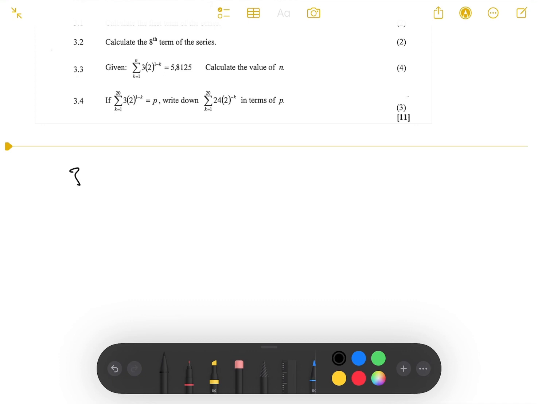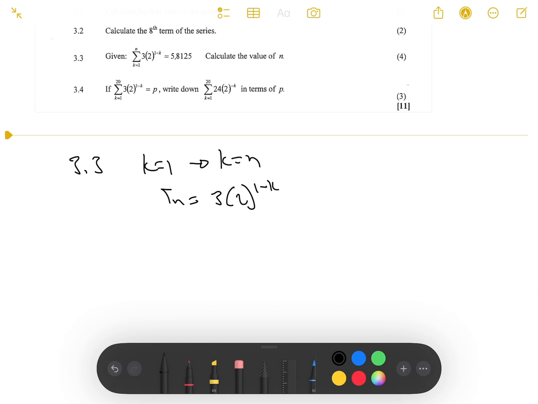So in 3.3, we know that k begins from 1 and goes all the way to n, which is the last value. And we know that our Tn is equal to 3 in bracket 2 to the exponent 1 minus k, right?